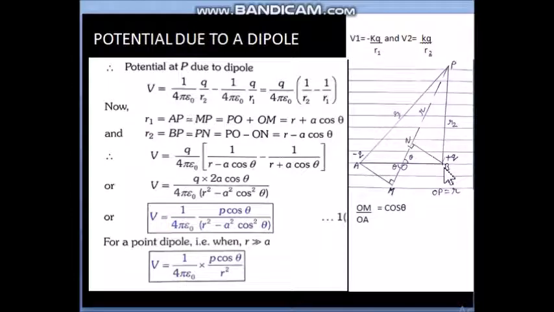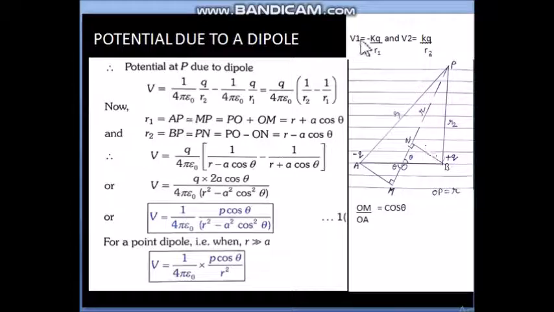Now let us find the potential at point P due to the plus q charge. We will join the points BP. Suppose the distance is R2. So the formula of potential here due to the second charge is V2 equal to kq upon distance, where the distance is R2.